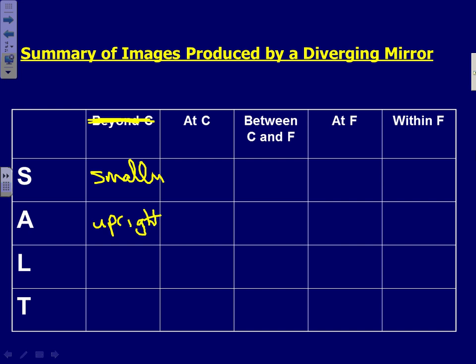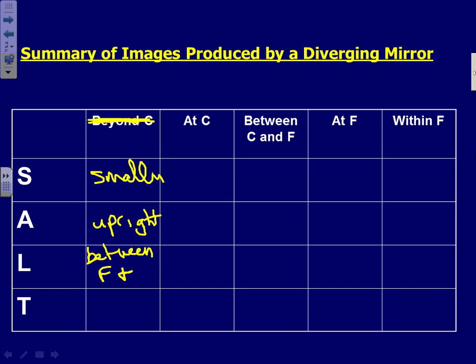Now, its location. Nope, not the same. No, it actually isn't further. It is closer. It's between F and the mirror.